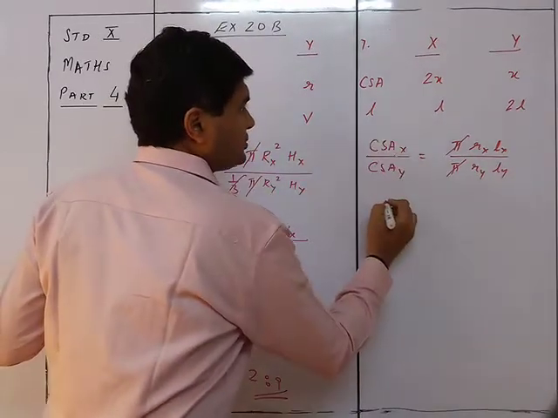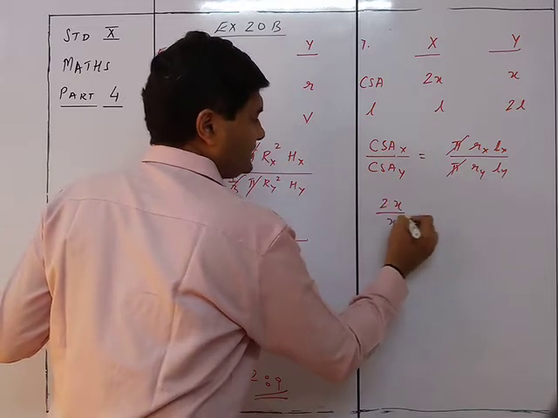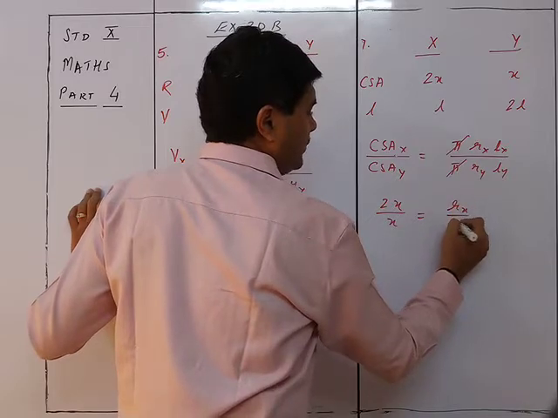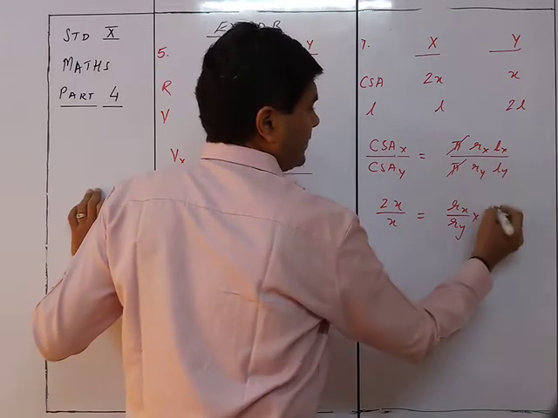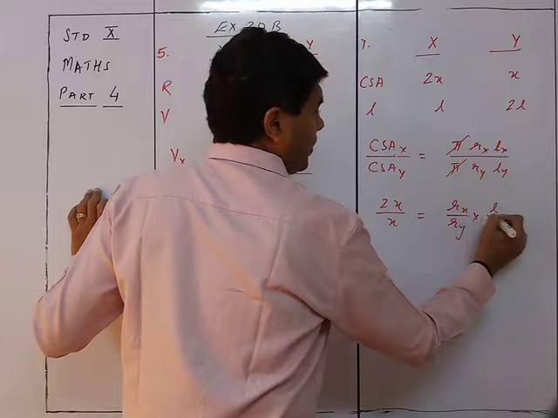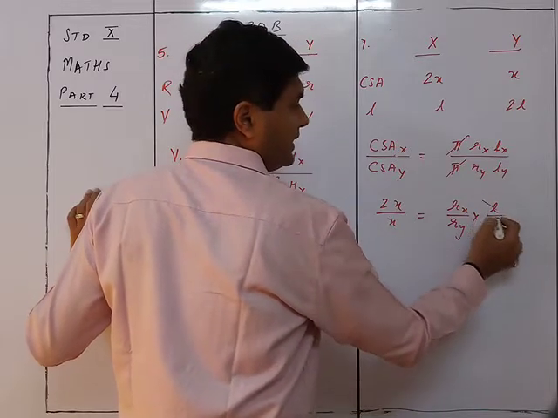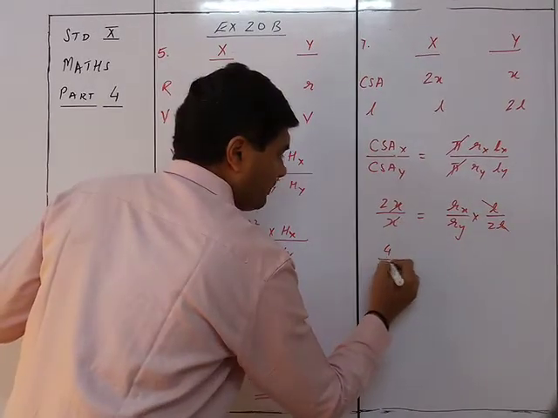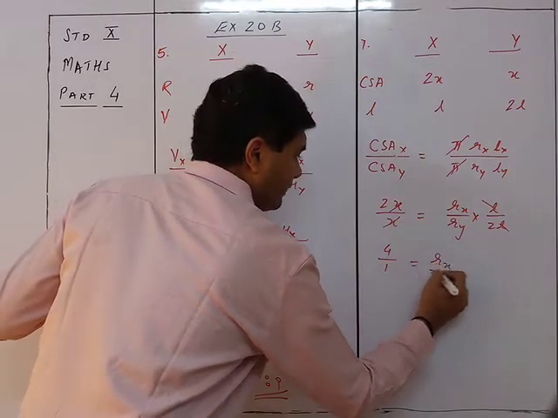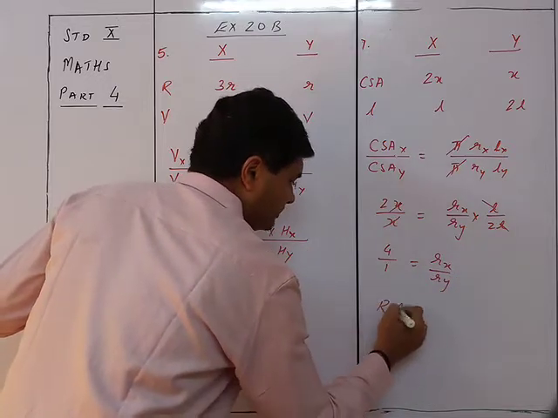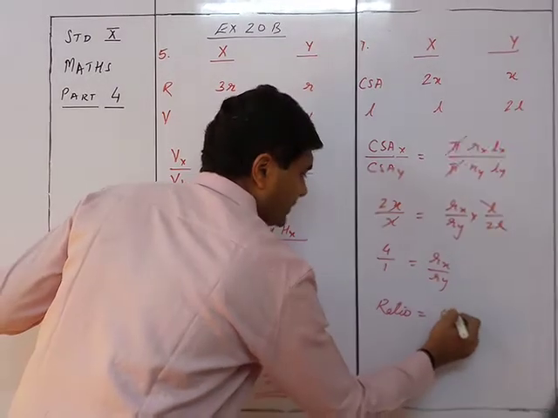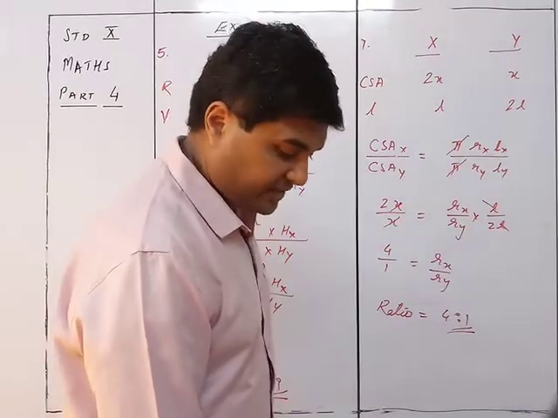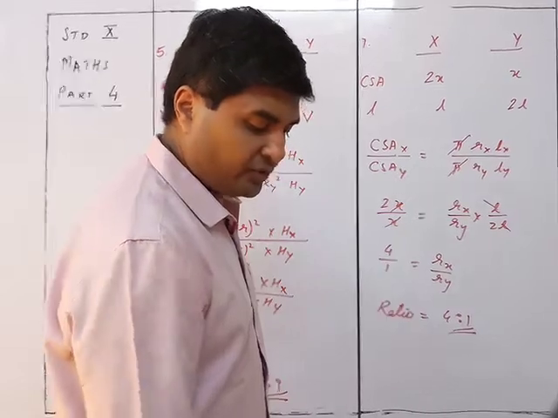The ratio is 2x upon x, equals rx upon ry, which is what we need to find out, whereas Lx upon Ly is nothing but L upon 2L. So L gets cancelled. Now bring the 2 over here, so it is 4 upon 1 equals Rx upon Ry. Therefore the ratio of radii is 4:1. That is sum number 7.